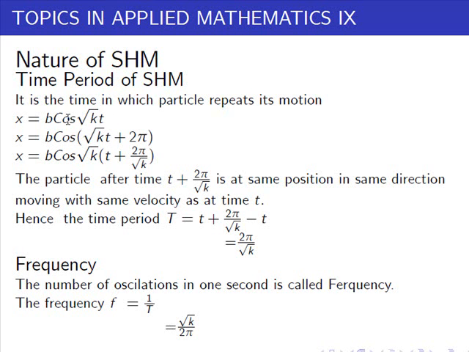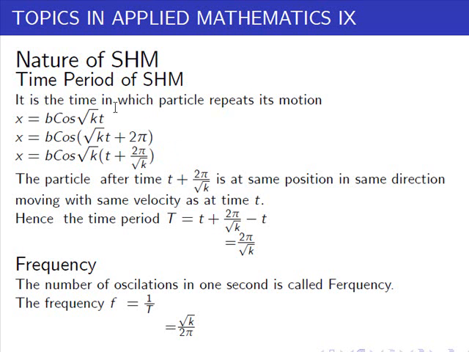There is no change when we add 2π in the cosine function. So we add 2π, take √k common and divide inside by √k, and the equation becomes x = b cos(√k (t + 2π/√k)).